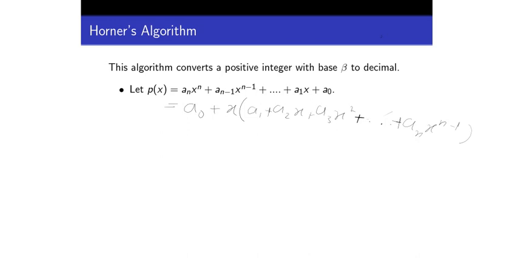Now this equals a naught plus x times a1 plus x times a2 plus a3x, and so on, plus an x to the power n minus 2.